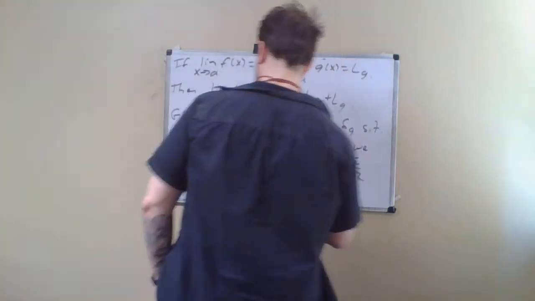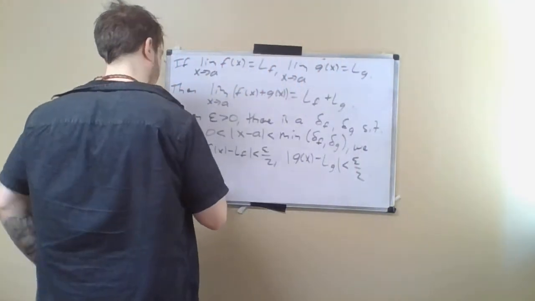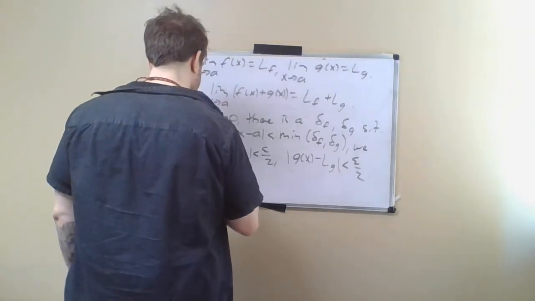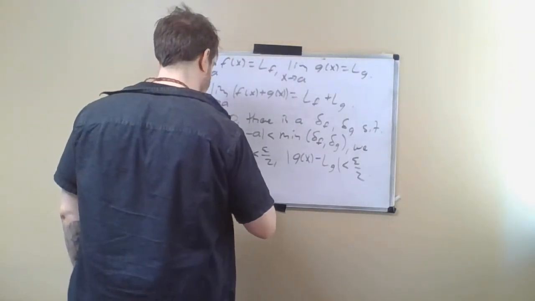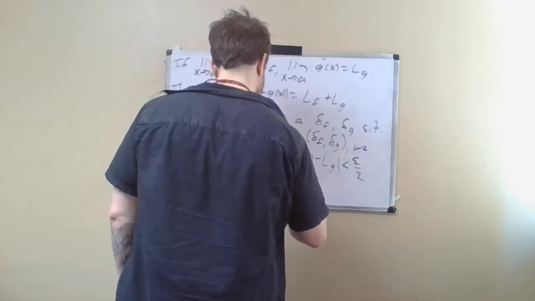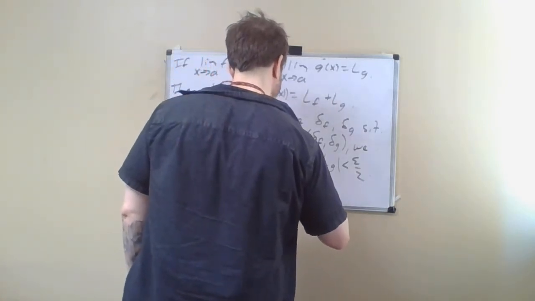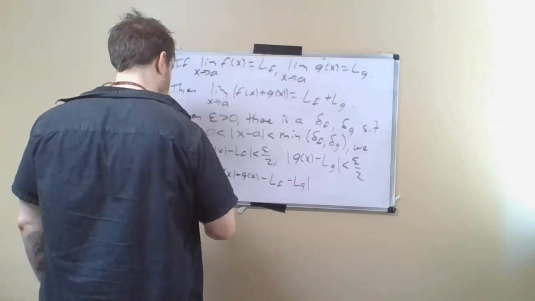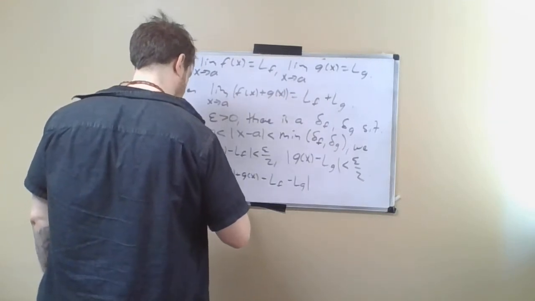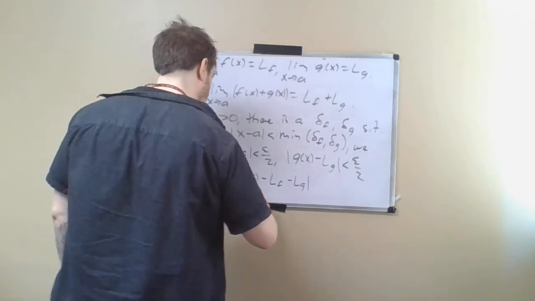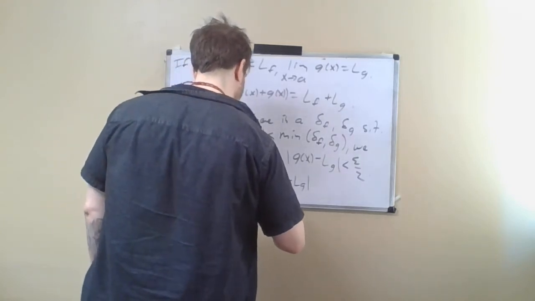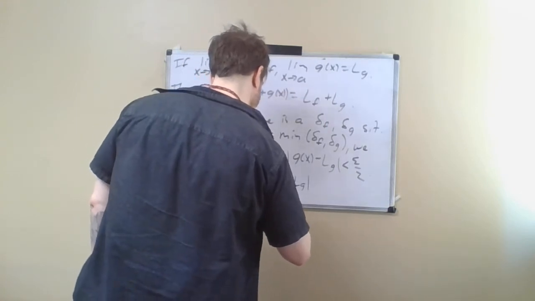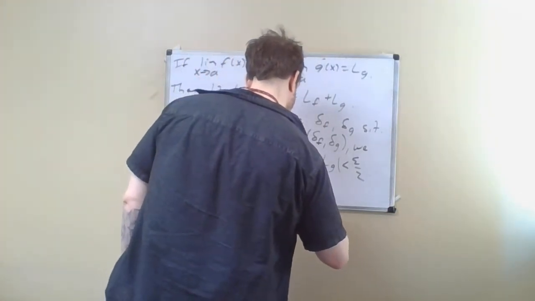Well, if this is true, then the absolute value of f of x plus g of x minus LF minus LG is going to be less than or equal to the absolute value of f of x minus LF plus the absolute value of g of x minus LG.